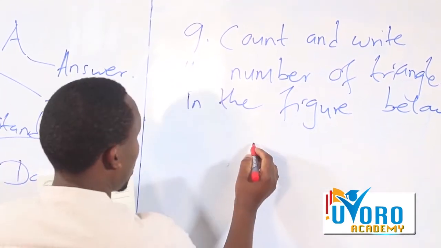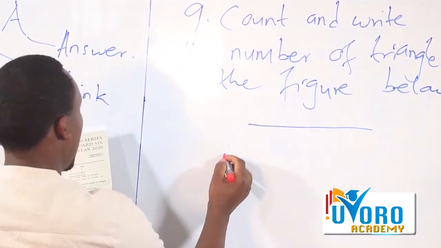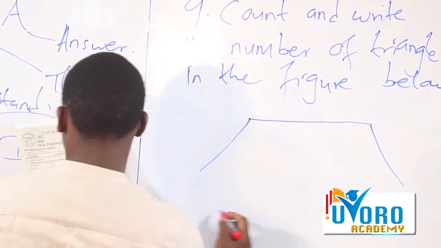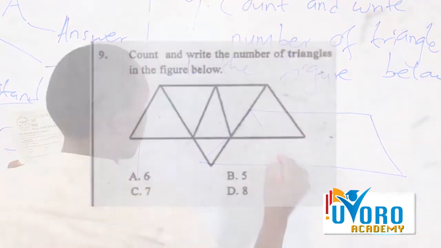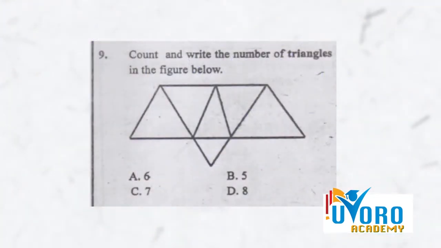Write and count the number of triangles in the figure below.